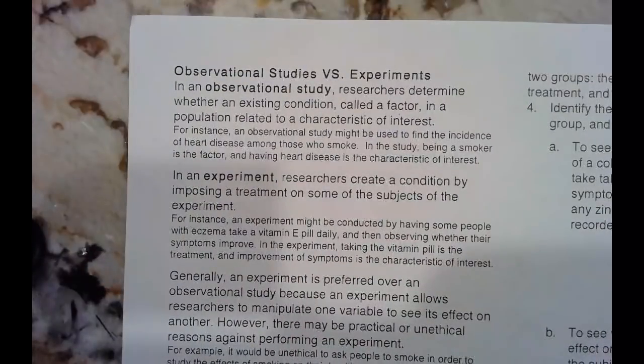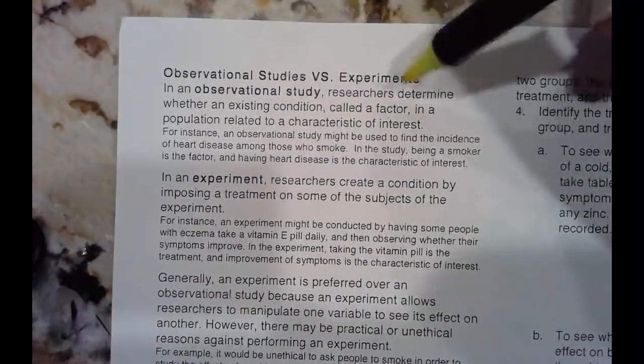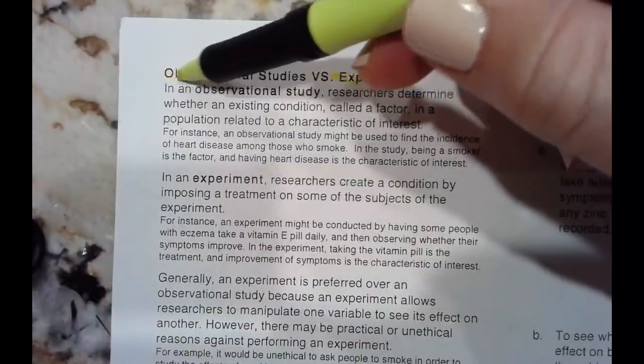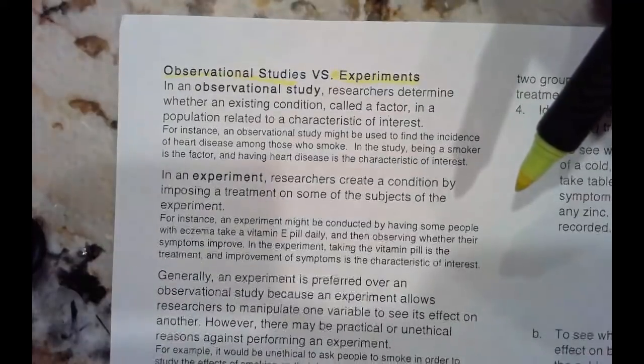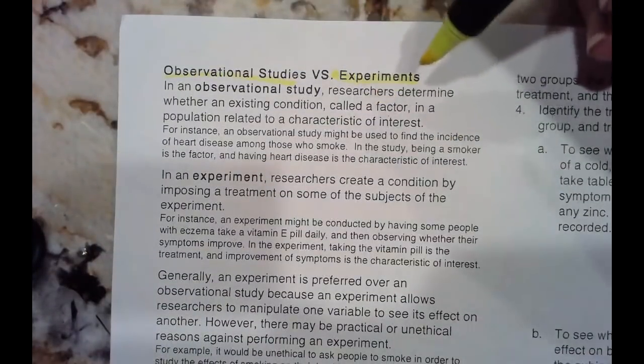Okay, let's go to the back. So in the back, it's pretty much common sense. We are dealing with the observational study versus the experiments, and you need to know the difference. Those of you who had AP Bio definitely had experiments. Observational study is mostly used in psychology, and in biology they use it as well.